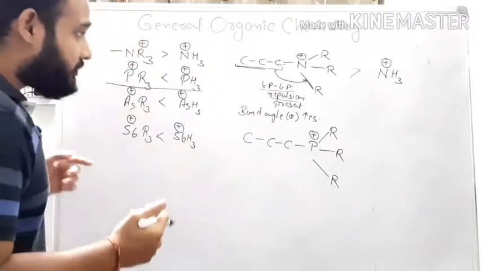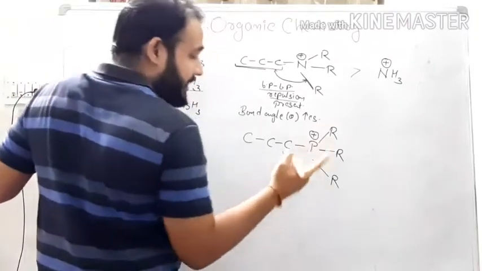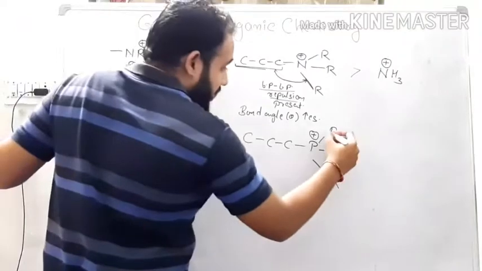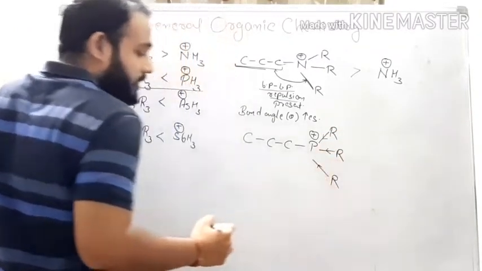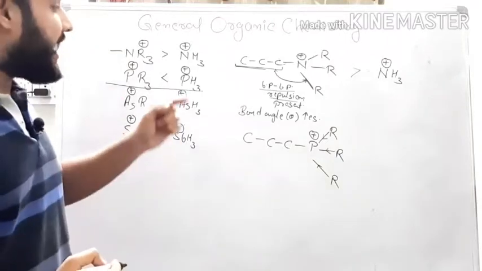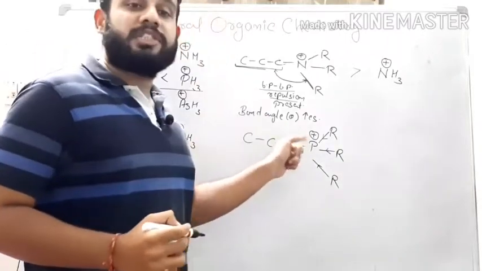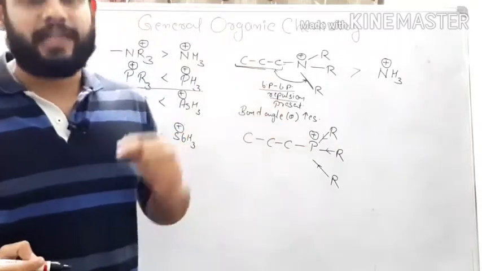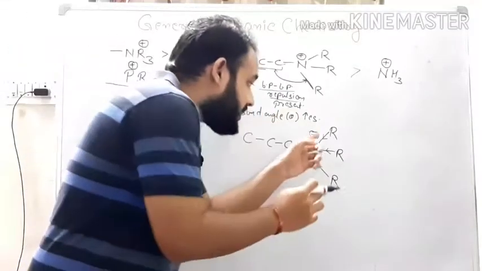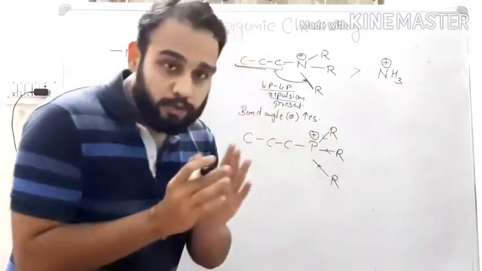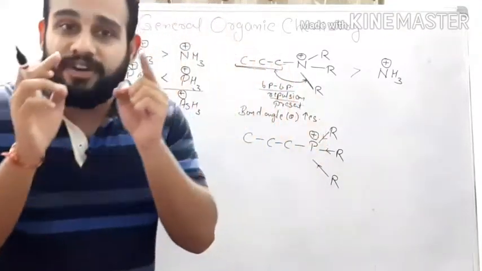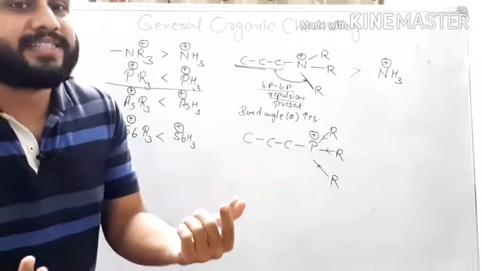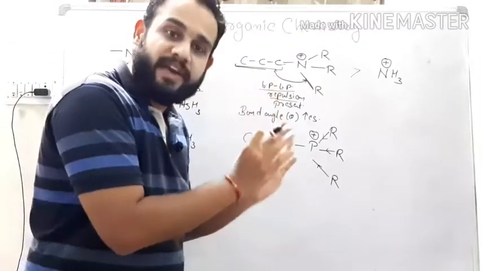And that's why the dominant factor is the plus I effect of these three alkyl groups, which decreases the electropositivity on the phosphorus atom, which ultimately decreases its minus I effect.